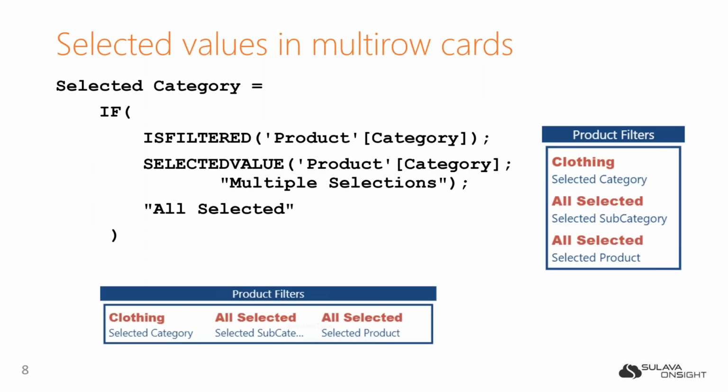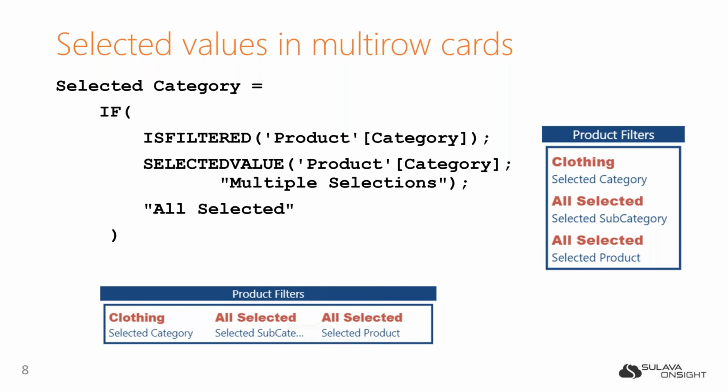Still, when I'm building reports for my clients, very often they still want to see the selected values somehow. Perhaps they even print their reports and they want to see the selected values printed. Usually, I have the habit of building a bunch of measures like selected category, selected salesperson, selected product group, whatever they are.